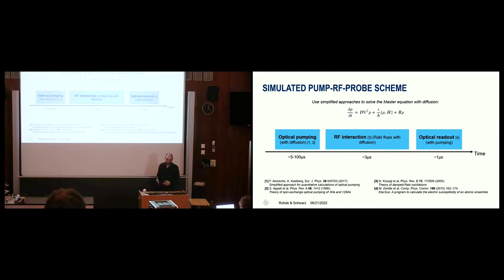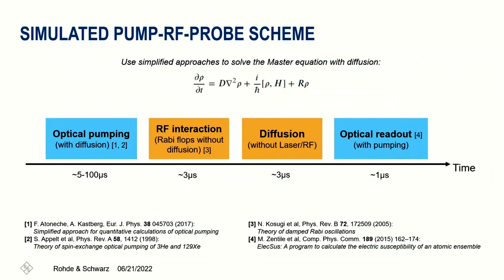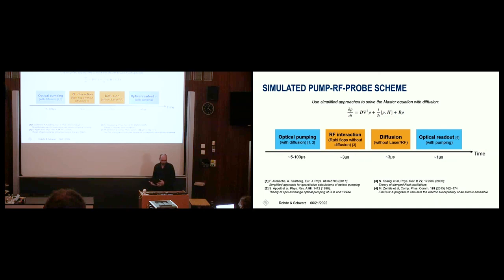And we don't solve the RF interaction combined with diffusion, but we solve it in a two-step process. So first, I calculate the Rabi oscillations without diffusion, and then I apply the diffusion process. This is a strong simplification, of course, but it is valid under the assumption that the magnetic field gradient is small enough.